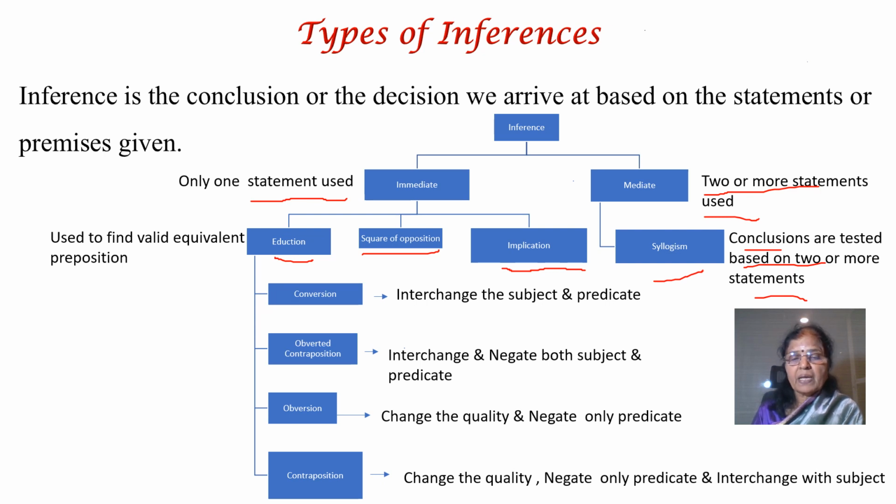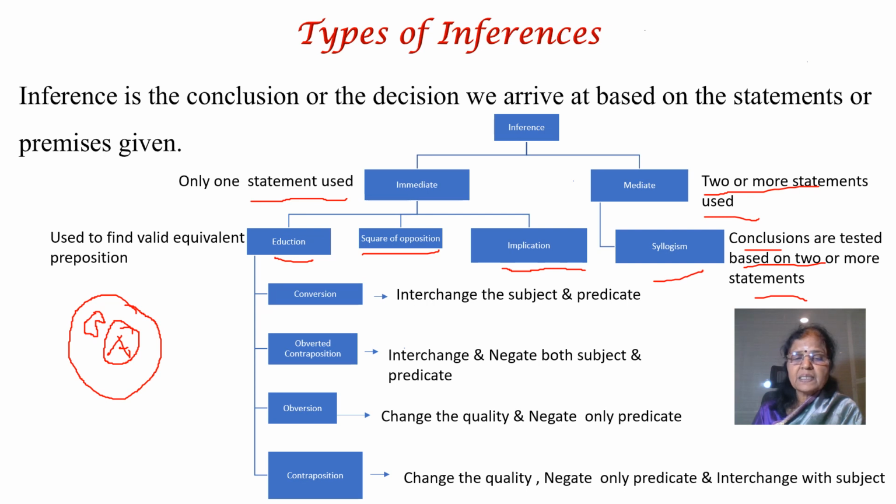Implication is very, very simple. See the Venn diagram. I told you, the Venn diagram. See the A type. Here A, and this is B. All A is B. A is contained in B. All A's are B. And some A are B. True or not?